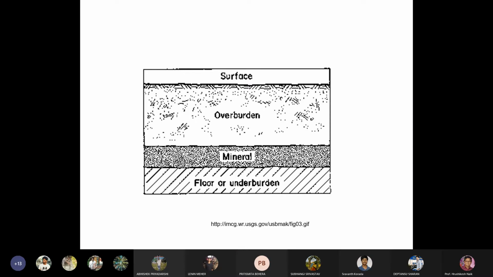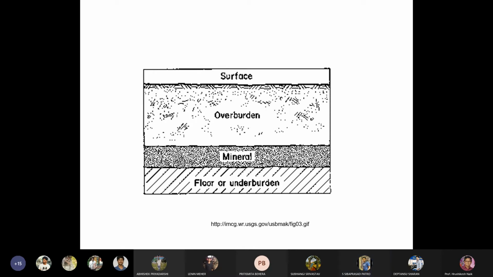So as I have told, this is the mineral deposit. This is a layer of minerals found in the earth crust.